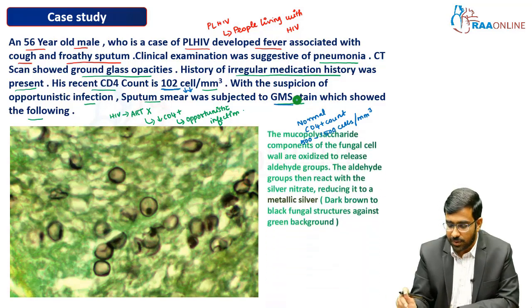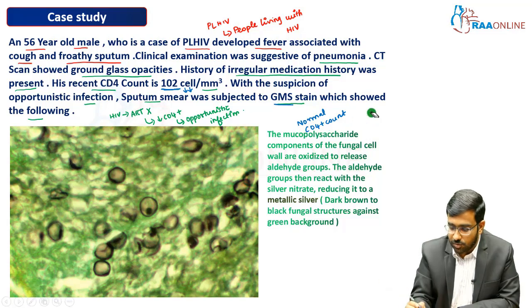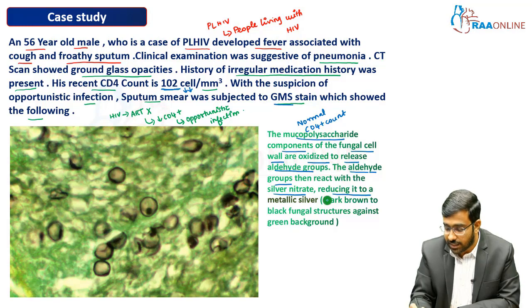There is a mucopolysaccharide component of the fungal cell wall which is oxidized to release the aldehyde group. The aldehyde group then reacts with the silver nitrate, reducing it to metallic silver. Due to the reduction to metallic silver, the fungus appears dark brown to black, with a green background.